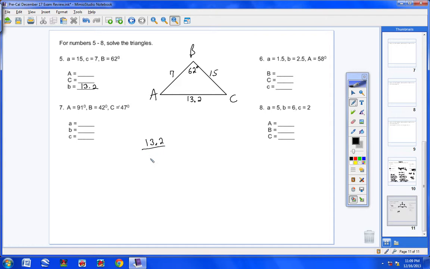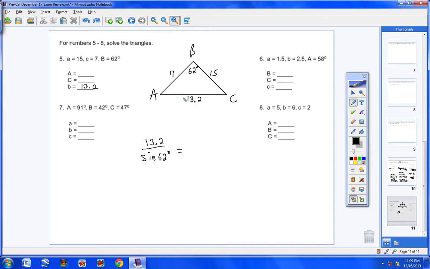Since we have a pair, 13.2 over the sine of 62, you can use the law of sines under one condition. Always find the smallest angle first. We know we're missing this angle, and we know we're missing this angle. Find the smallest angle first. Well, Mr. Earhart, how do I know which angle is the smallest?